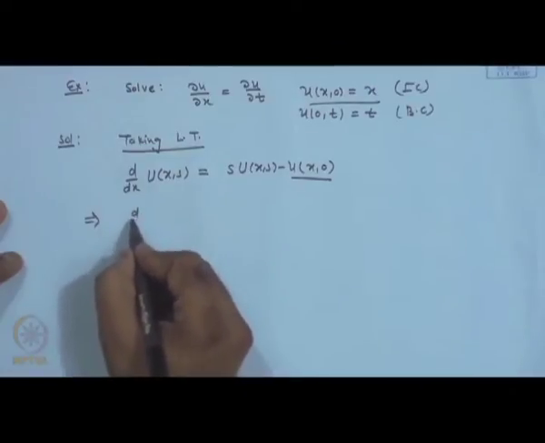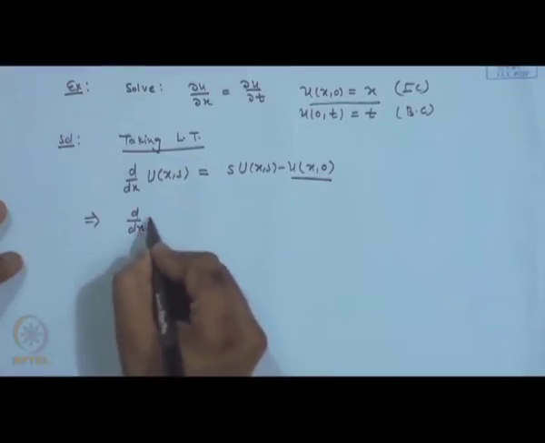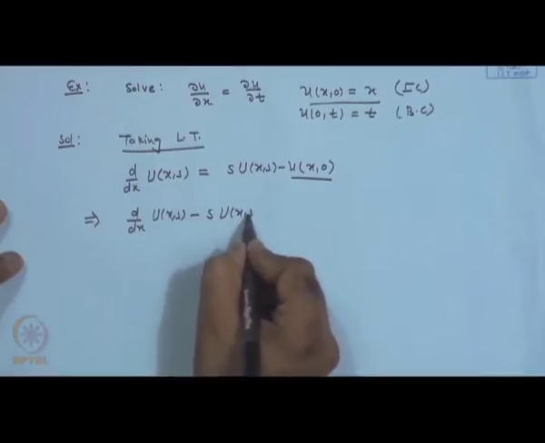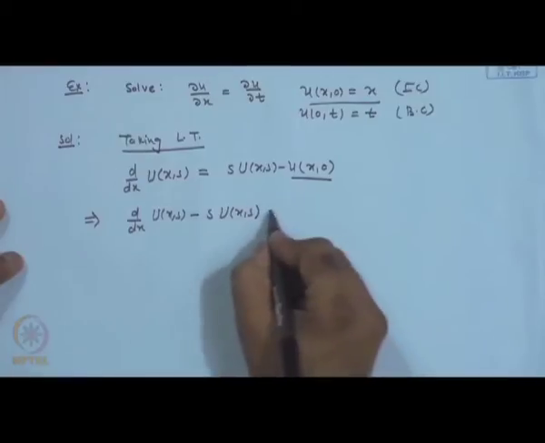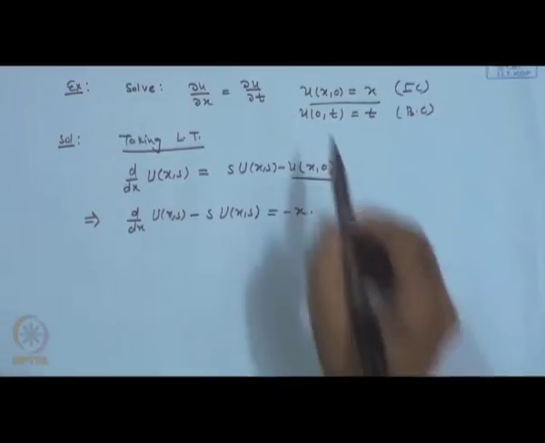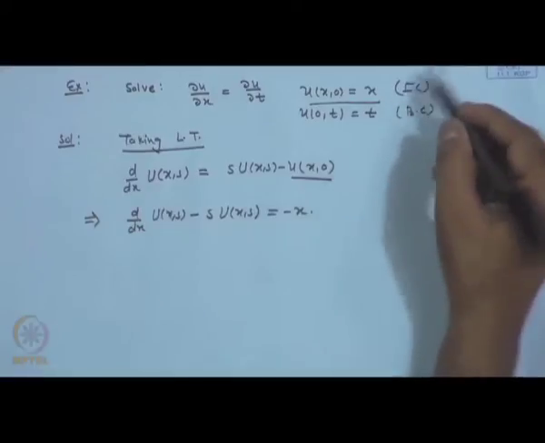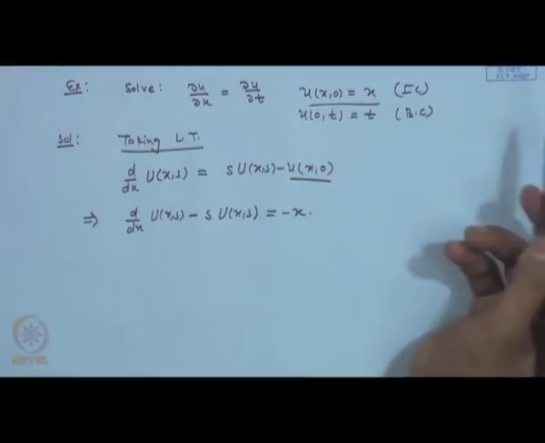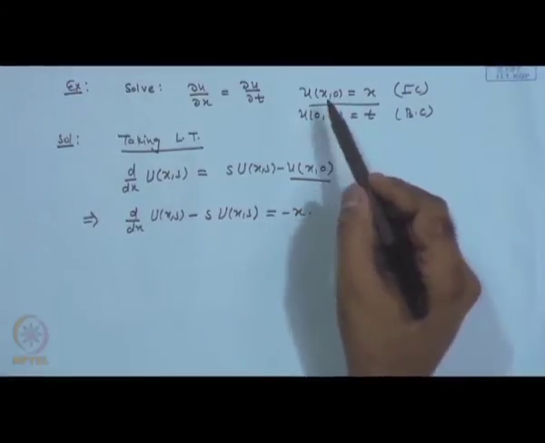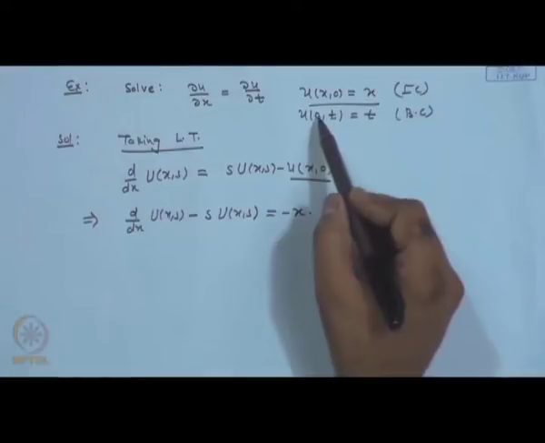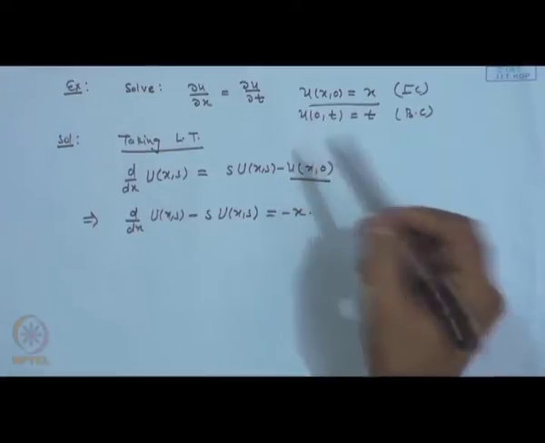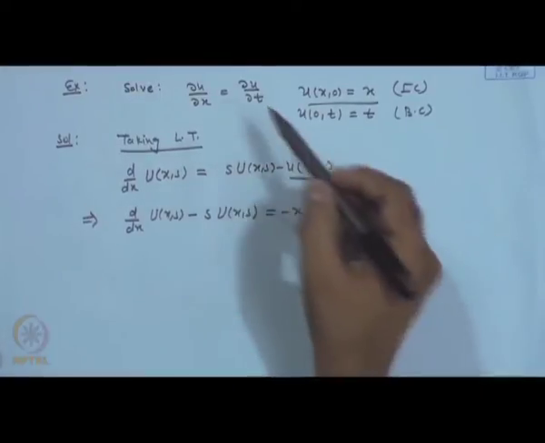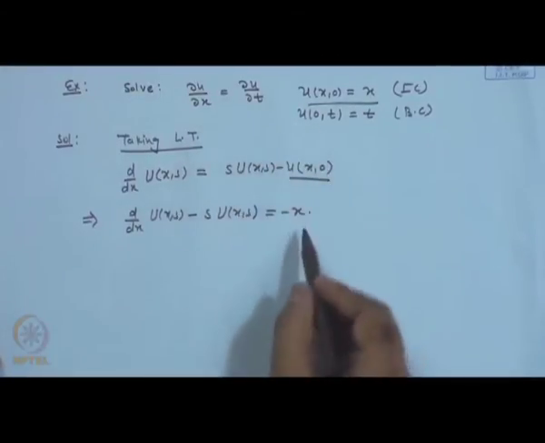So, we have d over dx of U(x,s) minus s U(x,s) equal to minus x. One more point one should mention here is that in this case both the variables go from 0 to infinity. So, t starts from 0 and we do not have an upper bound for t, as well as for x it starts from 0, we do not have an upper bound. So, we can take the Laplace transform with respect to x as well.